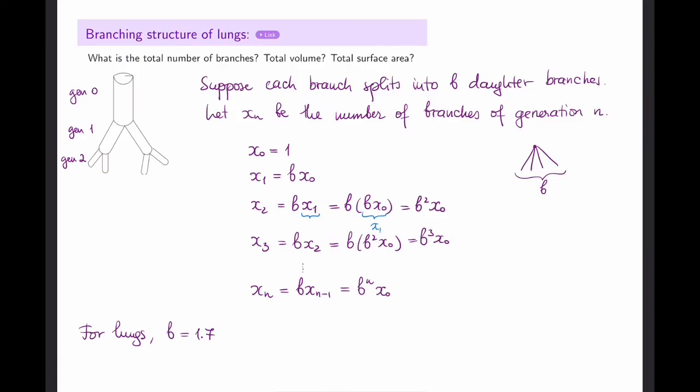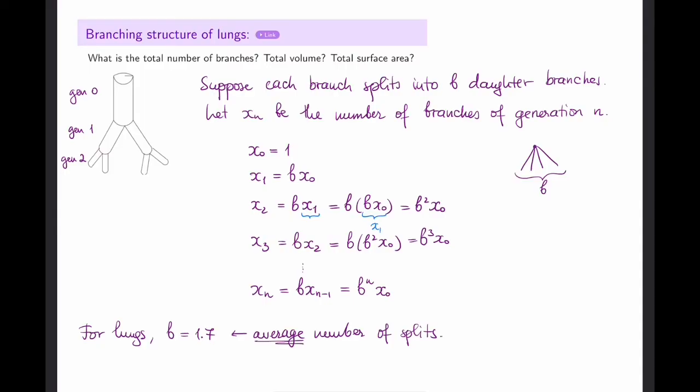Now, this is on average. This is the average number of splits. Notice that, of course, no branch splits into 1.7 other branches. That's not possible. But altogether through the lung, this is the average number that we can assume for the b value.